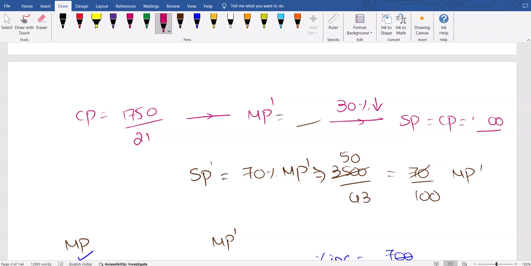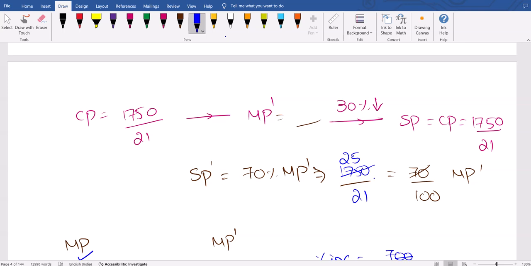21. Here selling price and cost price must be equal. They said no profit, no loss. 1750 divided by 21. So as it is 70% discount, 70 divided by 100, fine. This zero will cancel. This is 250 times, 25 times.